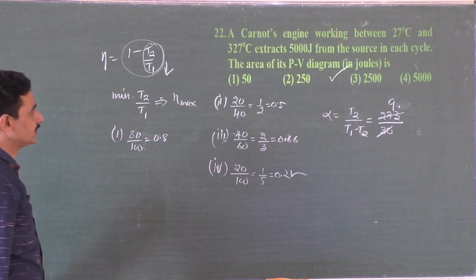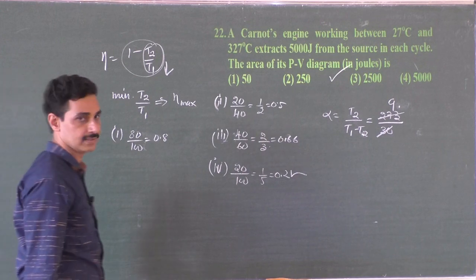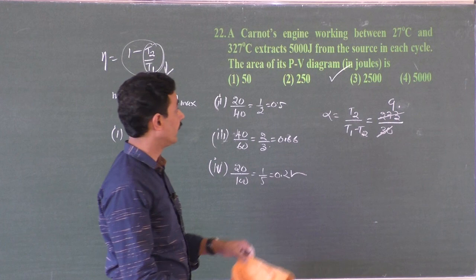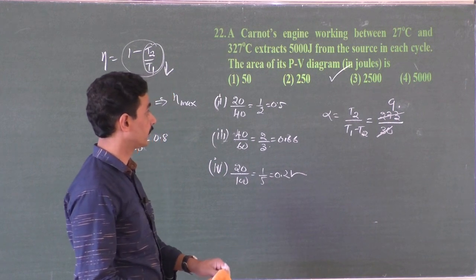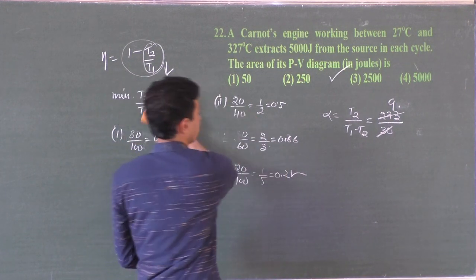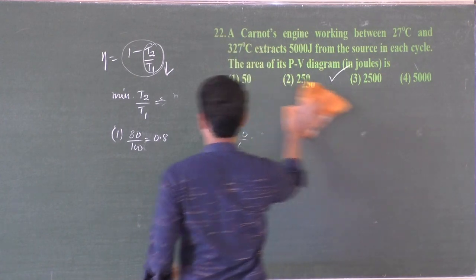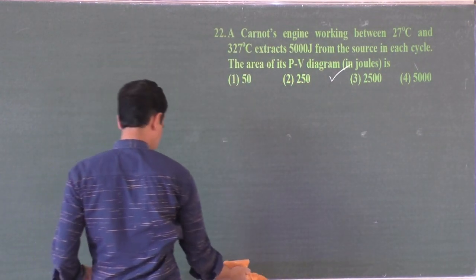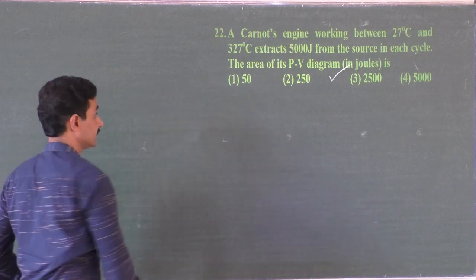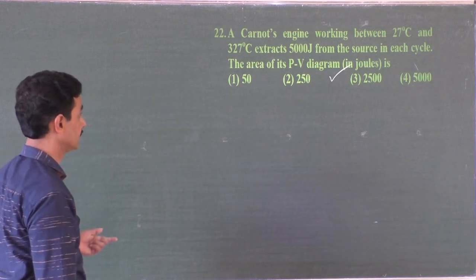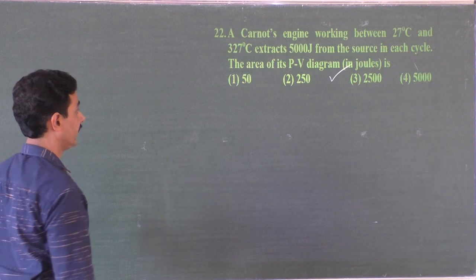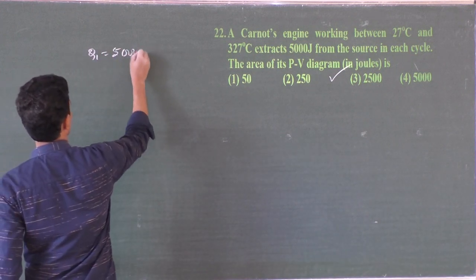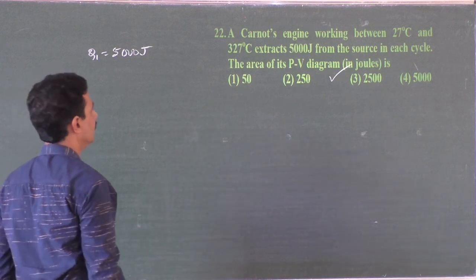A Carnot heat engine working between 27 degrees Celsius and 327 degrees Celsius extracts 5,000 joules of heat from the source in each cycle. Q1 is 5,000 joules from the source in each cycle.